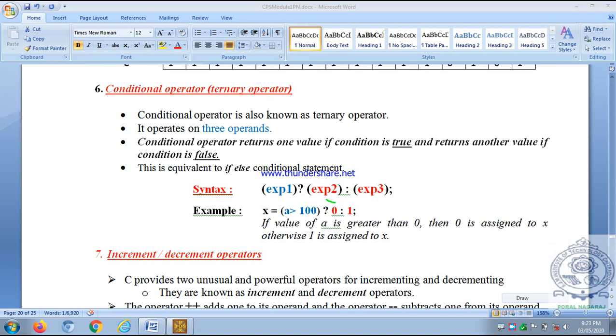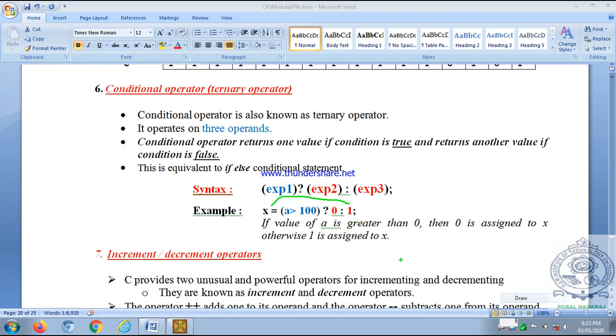The value of x will be 0. If a greater than 100 is true, then 0 is copied into x. Suppose a greater than 100 is false, then we are going to return 1, that is, we copy the value 1 into x.